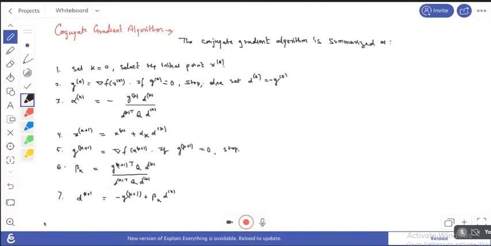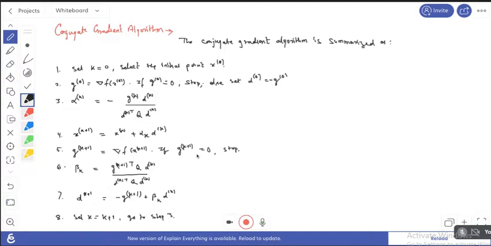Then in the next step, you set k equals k plus 1, the next iteration, and go back to step 3 and find the next one and the next one. If gk is 0, you stop; otherwise you repeat the process until you get it equal to 0.